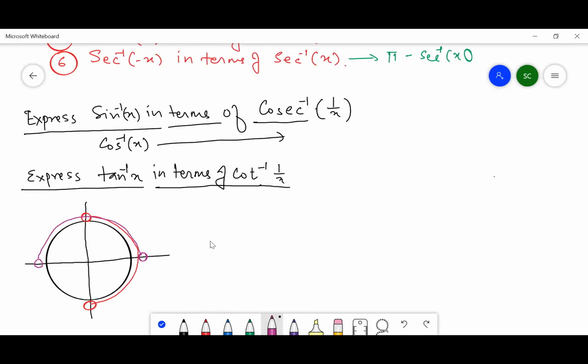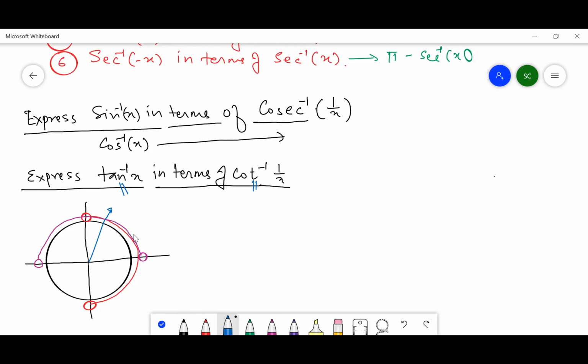So what is really nice is that if your terminal ray is in the first quadrant, then we will not have any issue as far as the value of theta, the value of the angle that we are considering. We will be able to find it nicely.